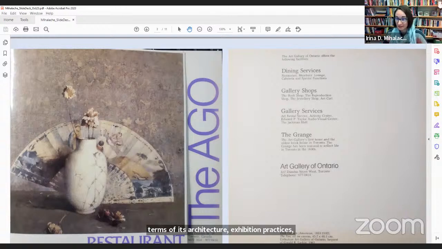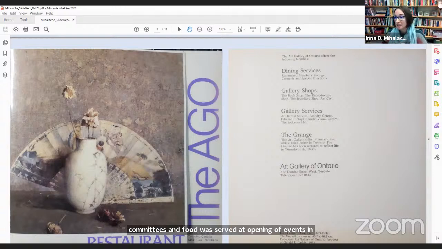Before the 1970s, the AGO, as I'm going to refer to this museum so I don't have to spell out the name every time, did not have official eating spaces. That doesn't mean it didn't have a very rich culinary history. It had numerous culinary events and programs all the way since the 1920s and 1930s, but these programs were run by volunteer women's committees, and food was served at openings and events in more informal spaces.